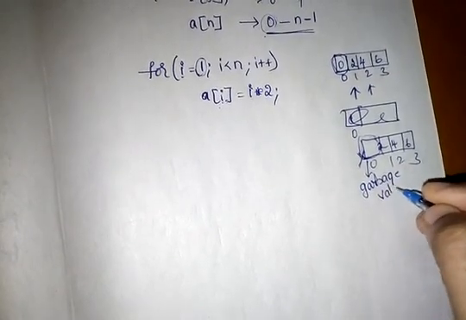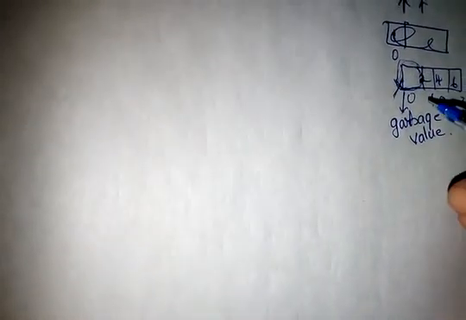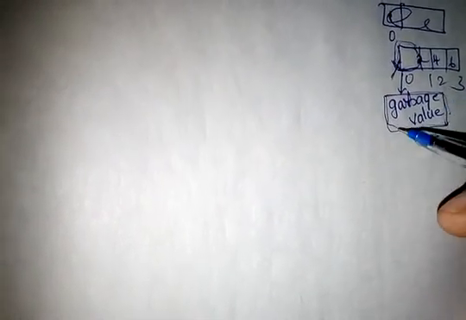So what is meant by garbage value? Garbage value is nothing but, say for example, if the same memory is allocated for some other program and that program stores some values while executing in that memory, that value which the previous program used will be placed here, and such values which we don't need in our program or which other programs use will be considered as garbage values.